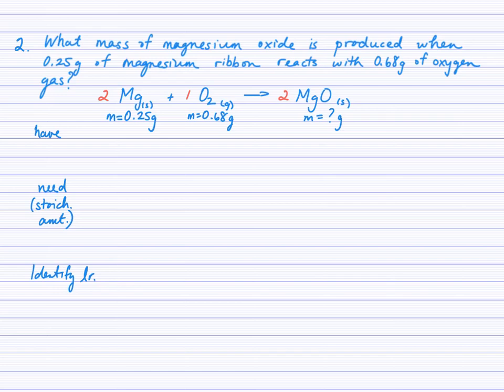And then after identifying the limiting reagent, we'll take the moles of the limiting reagent, convert those to moles of the product, and then take the moles of the product and convert to the mass of the product. So this is our general outline. So the first thing we'll do is find moles.